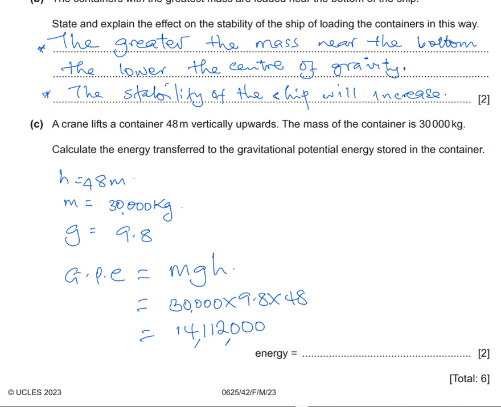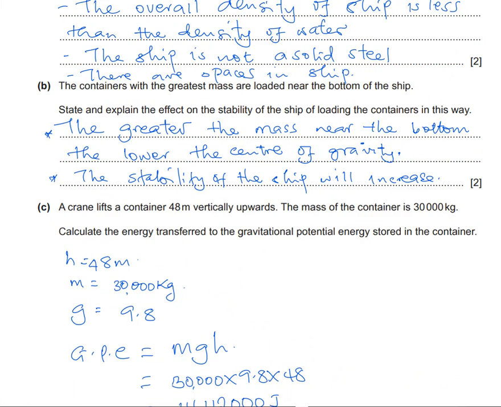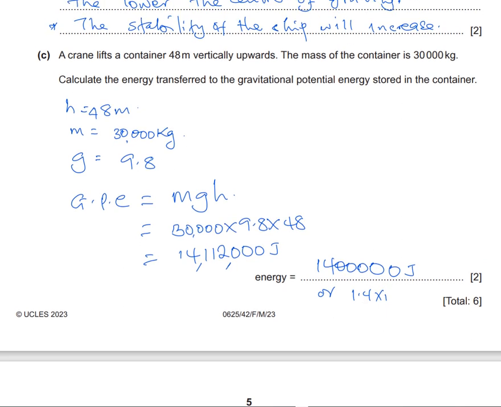So in two significant figures, we have 14,000,000 joules, or you can write it as 1.4 times 10 power 7 joules in standard form. Let's go to another number.